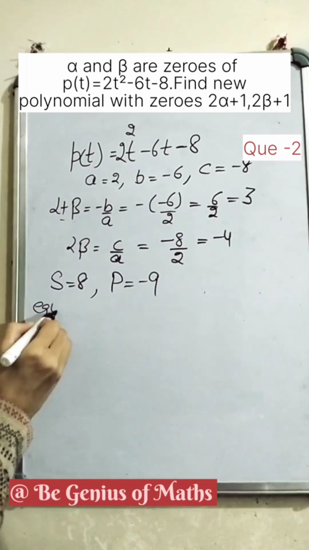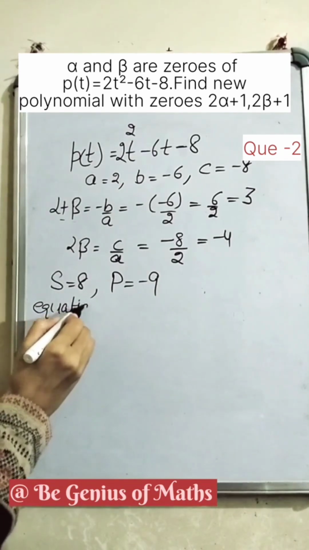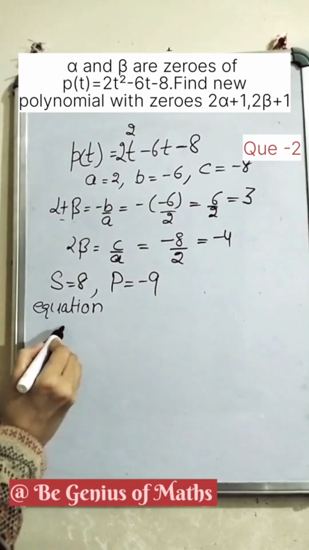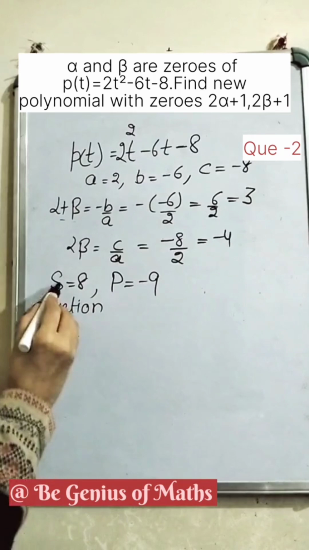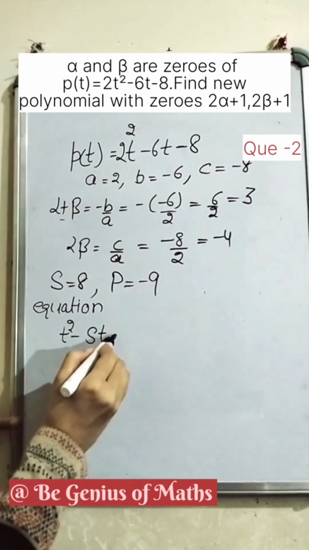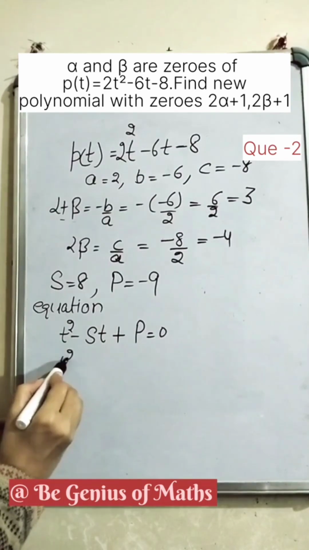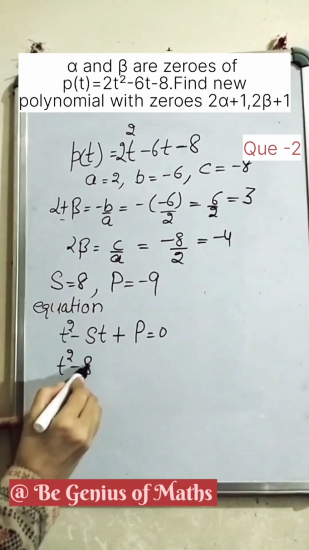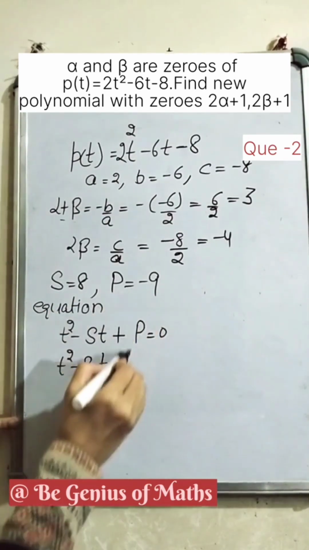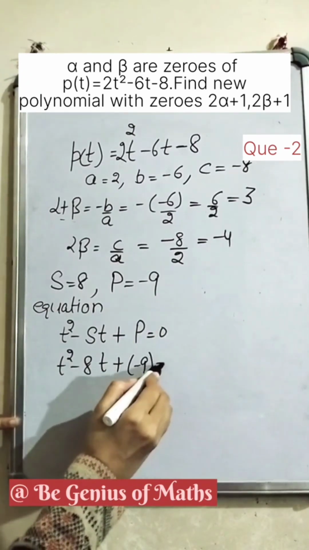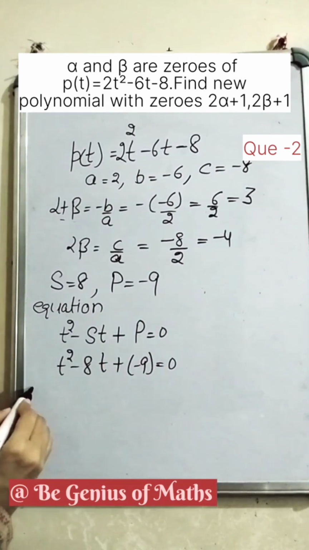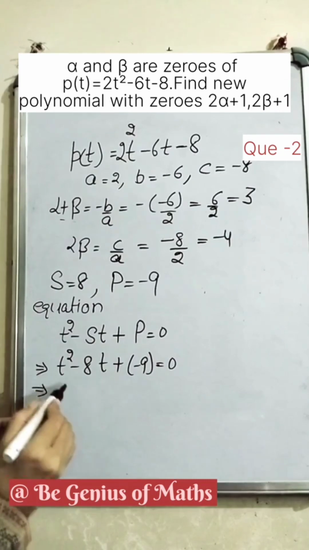Now the polynomial is in t. So the next step is to find the equation. The equation will be in t, and the formula of the equation is t square minus sum of zeros into t plus product of zeros equal to 0. Put the values of sum and product.